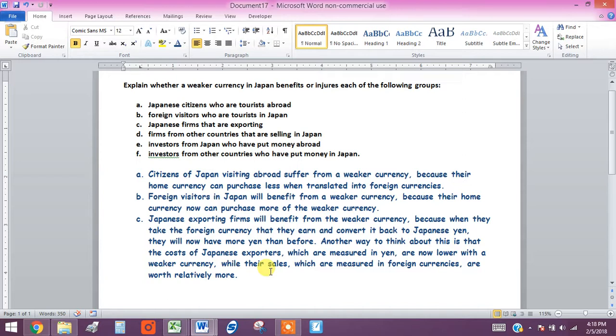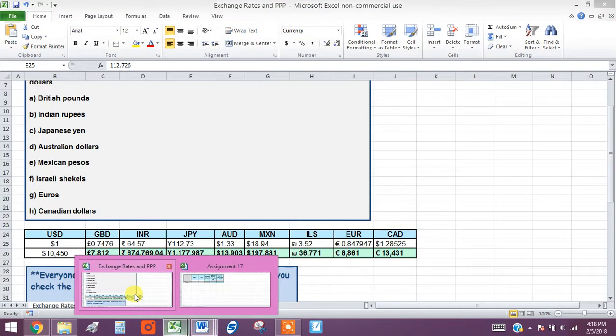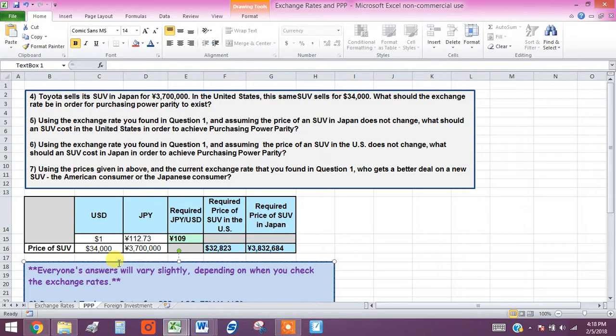So let's go to our purchasing power parity problem, PPP. And that is right over here. Okay, so we have a scenario where a Toyota sells its SUV in Japan for 3,700,000 yen.